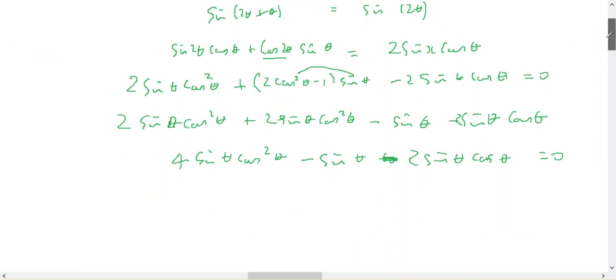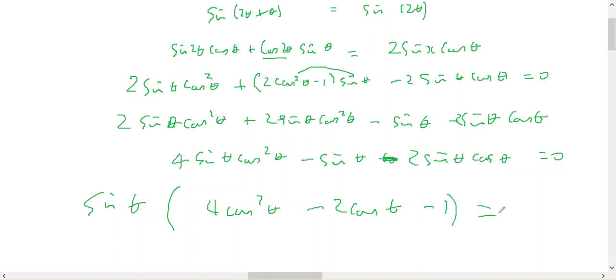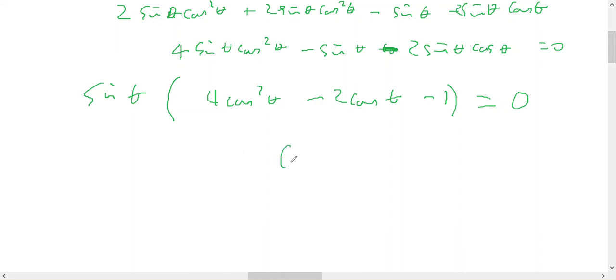I've got a common factor of sine, so sine of theta times 4 cos squared theta minus 2 cos theta minus 1 equals 0. And if I was to make cos of theta equal to a, I've got 4a squared minus 2a minus 1.